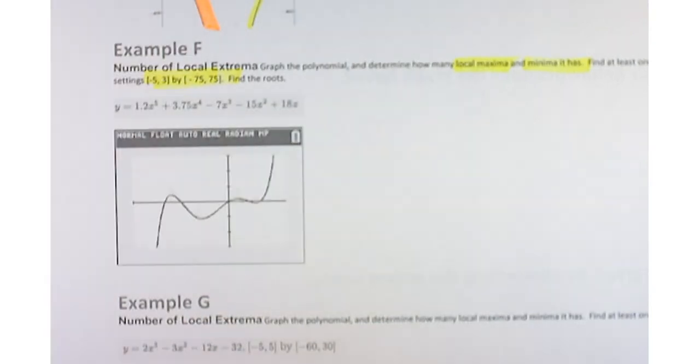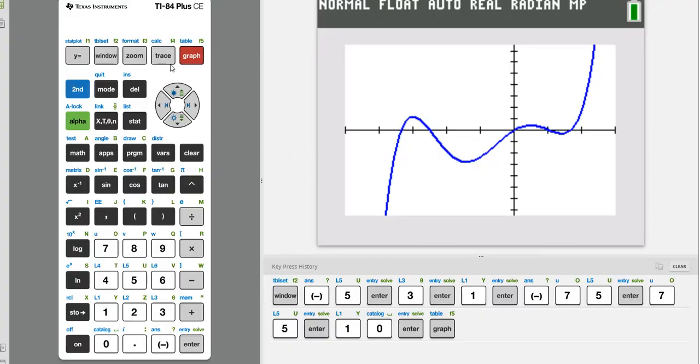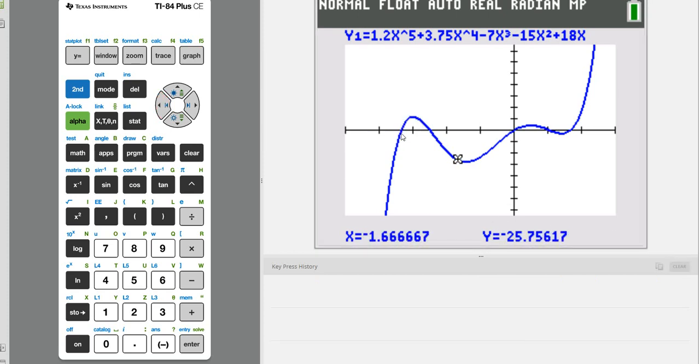Now, some of you may have run into trouble because you used the trace key to try and find these points. We don't want to use the trace key. I mean, if you put a tracer on it, yeah, you can get kind of close to some of these values, but let's do better than just getting close. Let's find the exact values.